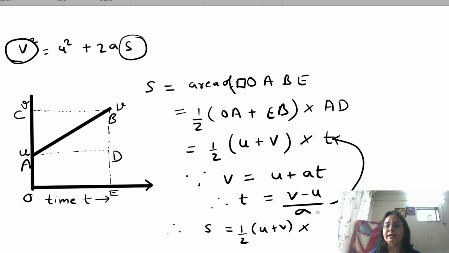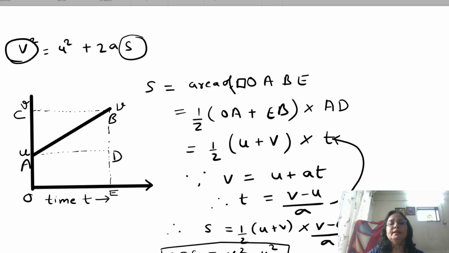So we have to remove time from here, V minus U upon A. This is nothing but 2AS. If we take this 2 and A over to the side with S, we get V square minus U square. Therefore, V square is equal to U square plus 2AS.